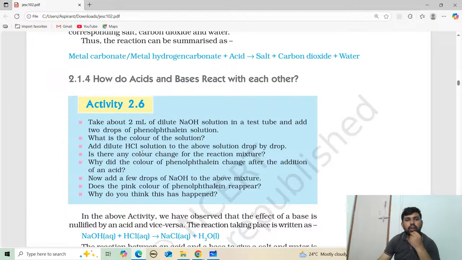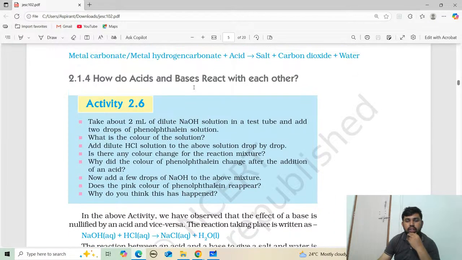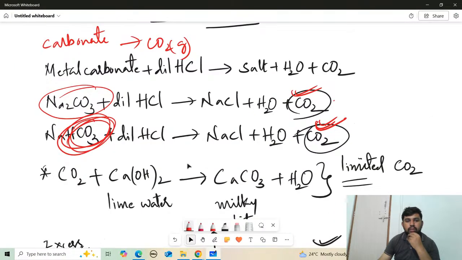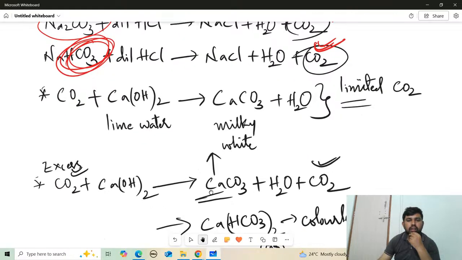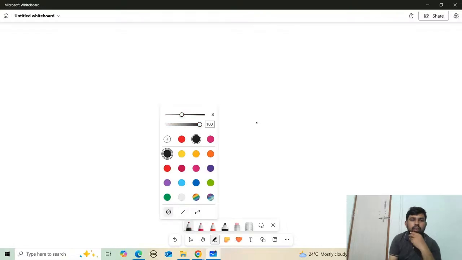And how do acids and bases react with each other? To understand this, an activity was given, which we discussed already yesterday. Try to understand here. They took three test tubes.